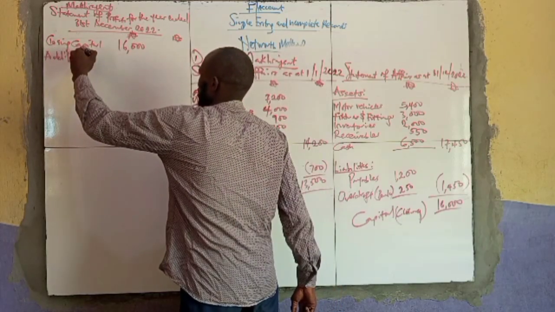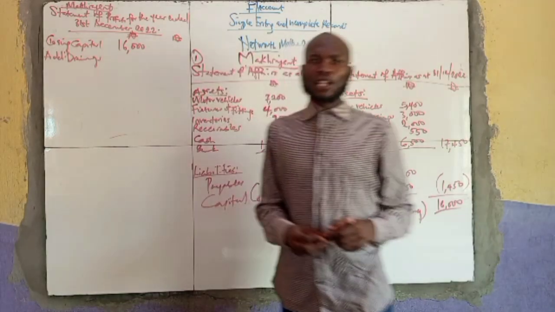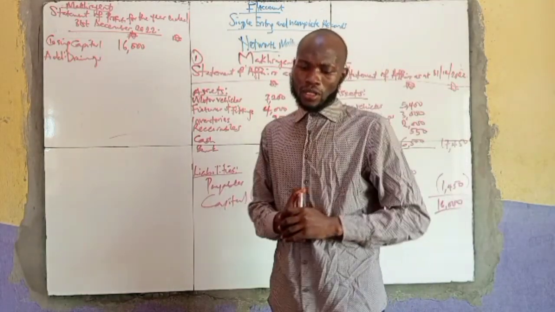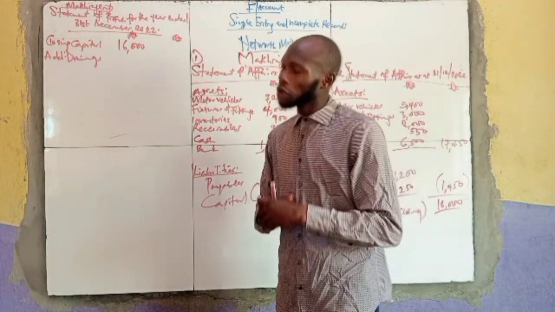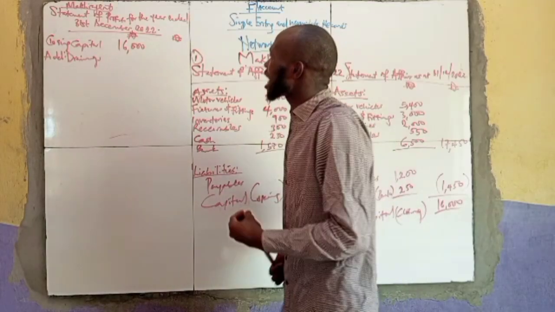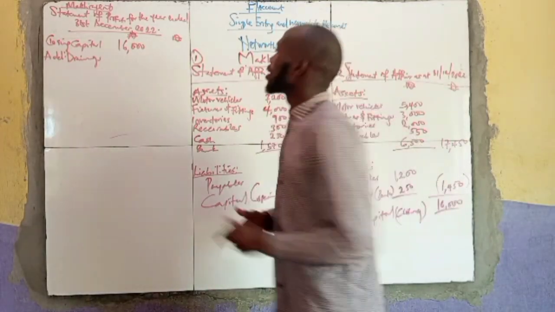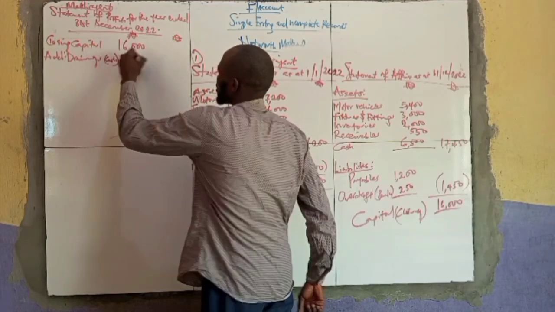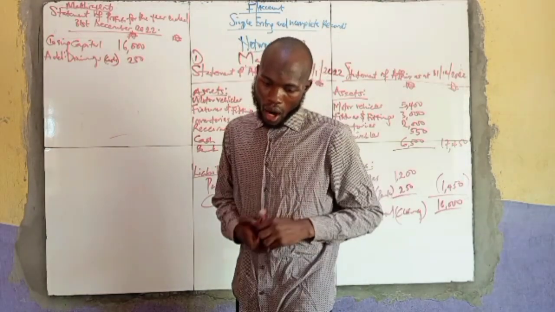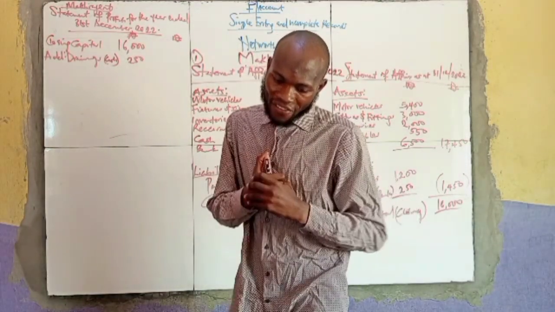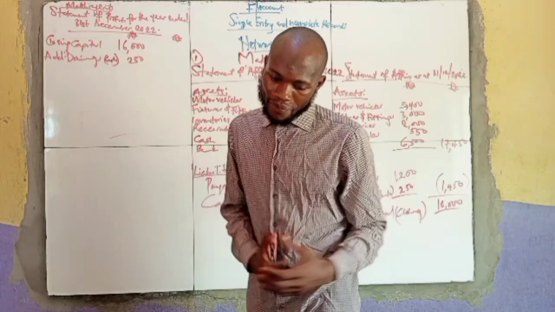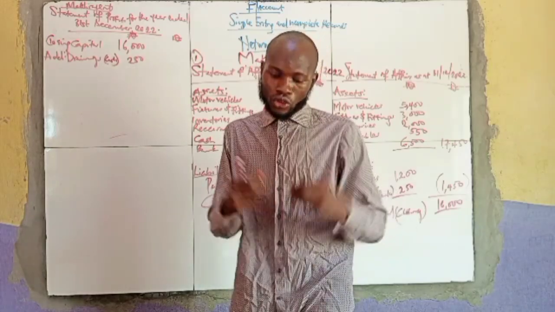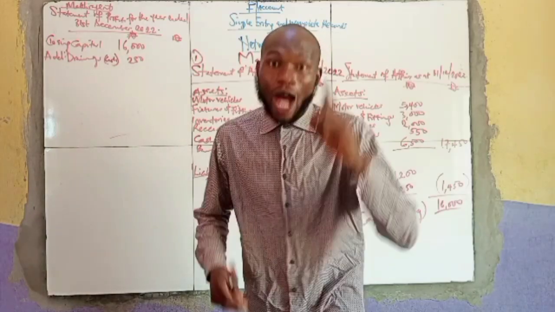Then we have to add drawings. Now, the drawing is kind of technical. According to the question, it was said that Mokoye withdrew 250 naira cash. That is cash drawing, so cash drawing of 250 naira in total during the year, and 10 naira worth of groceries per week.